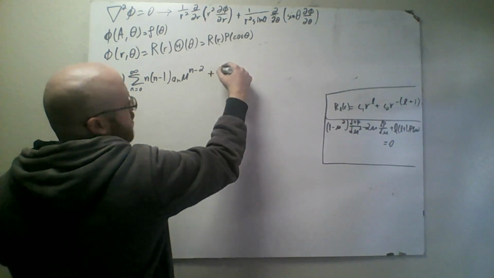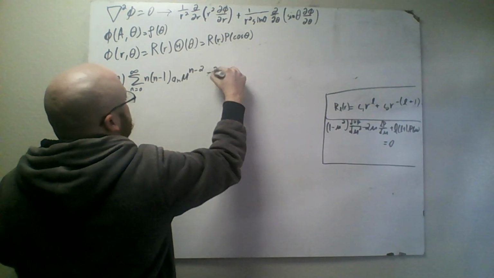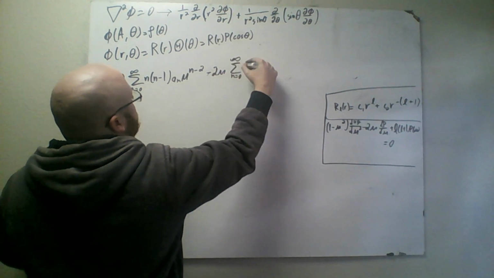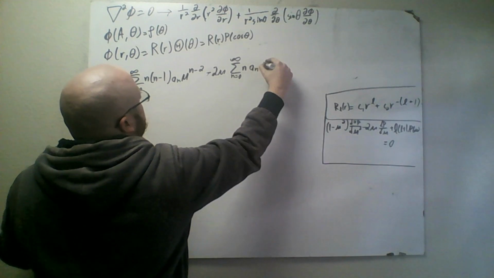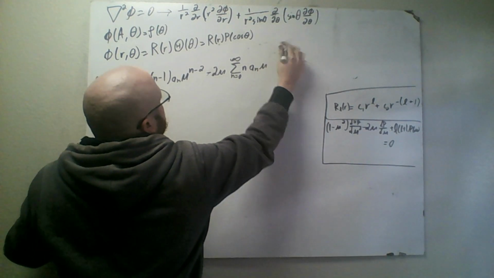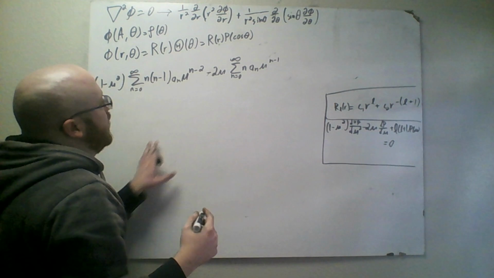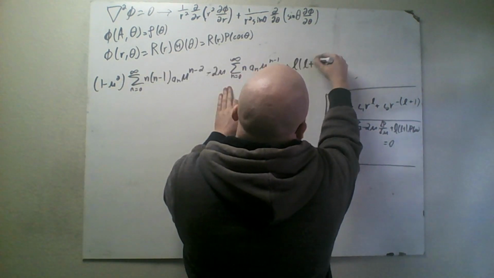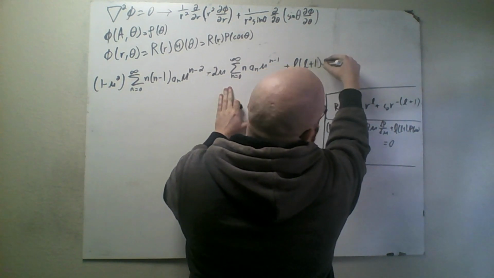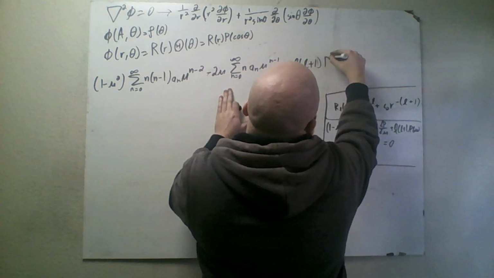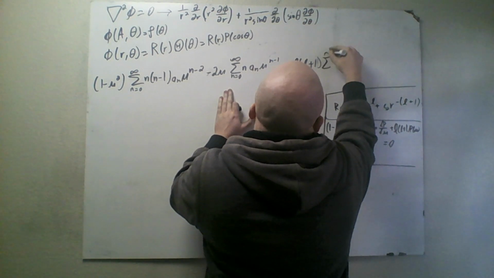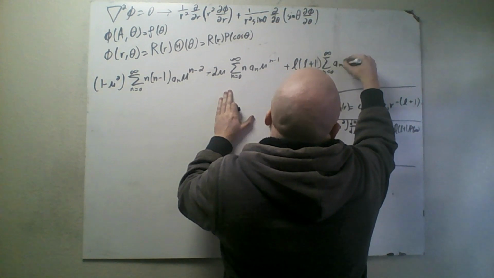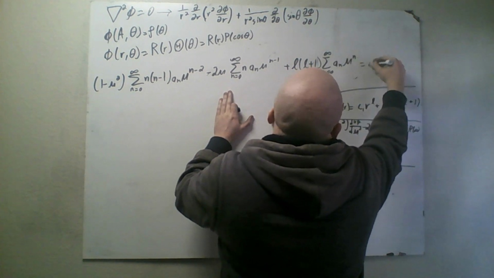Plus minus 2 mu, sum n equals 0 to infinity of n times a_n mu to the n minus 1. Okay, and then last term is just going to be plus L times L plus 1, sum n equals 0 to infinity of a_n mu to the n. And all this has to equal 0.